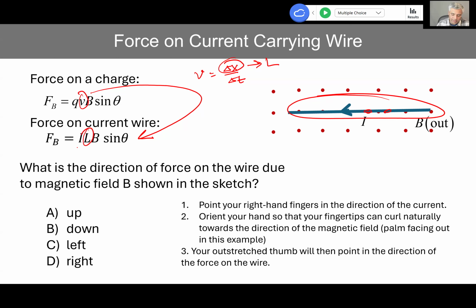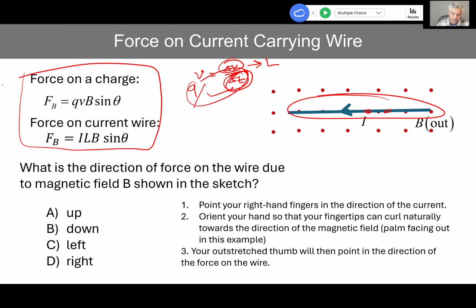And when you pair this time with the charge, charge over time is current. That's how we are getting this equation. So this is the force on a current-carrying wire. If there is no current flowing, the wire is not going to experience force. Keep that in mind. So rather than just saying current, we have to say the wire. That would be the better statement. Anyway, so that's the value.